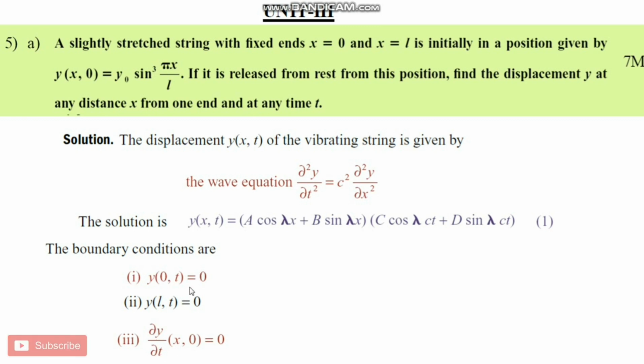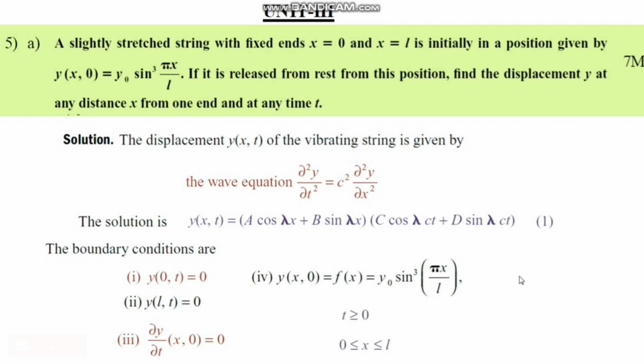These 3 conditions are only zero conditions. The fourth one is the initial displacement y(x,0), which is y0 sin cube of pi x by L. Using these 4 conditions we find the 4 unknowns apart from lambda. Here the time component is non-negative, and x lies between 0 and L, because the length of the string is only L units.